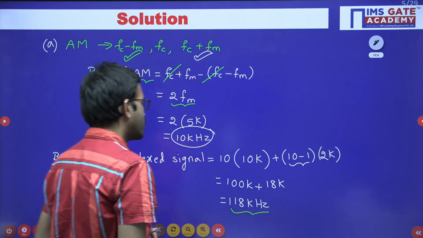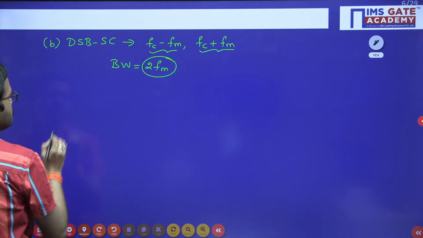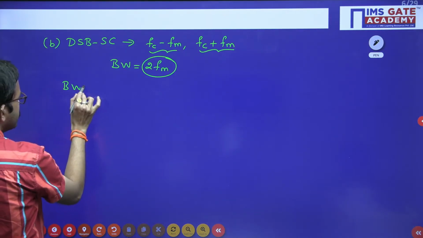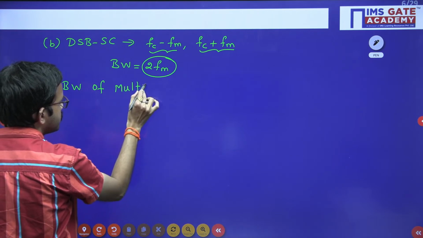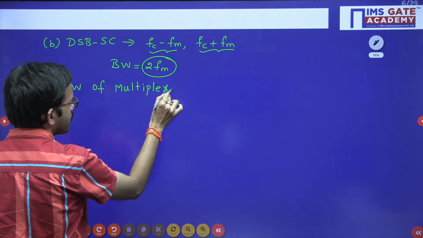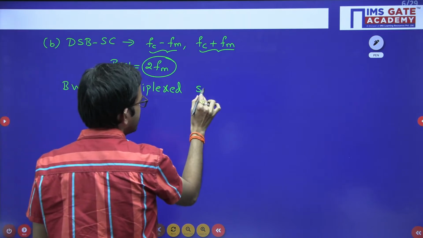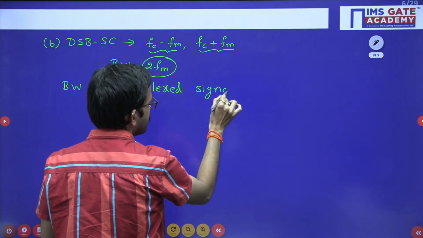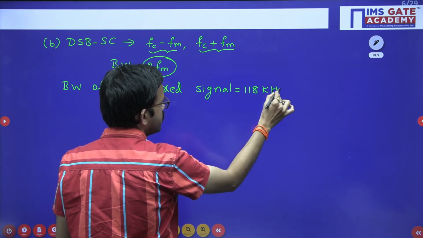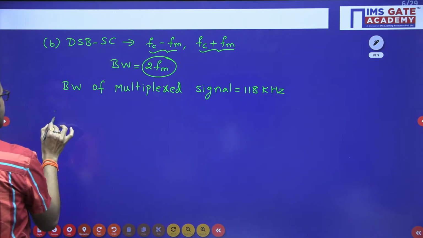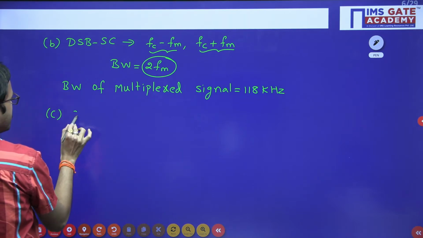So directly you can write the answer. The bandwidth of the multiplexed signal is the same, that is 118 kHz.